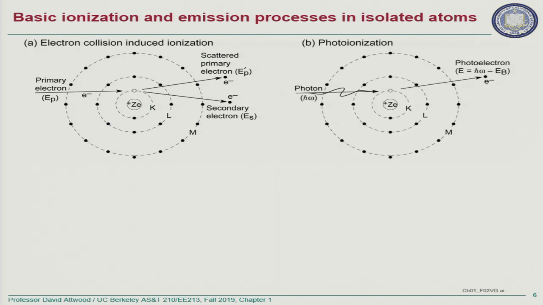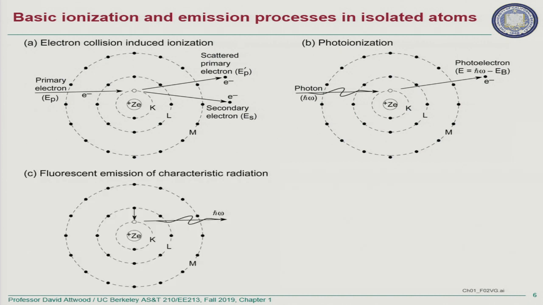You could also have photoionization, where instead of an electron hitting the atom, a photon provides the energy to ionize this atom and gives the remaining energy to the ejected electron.